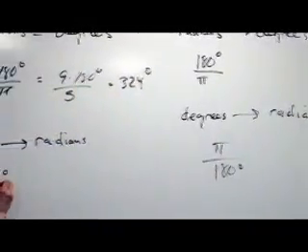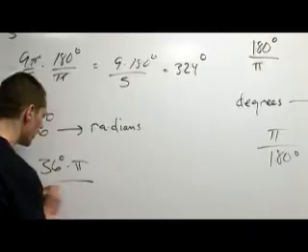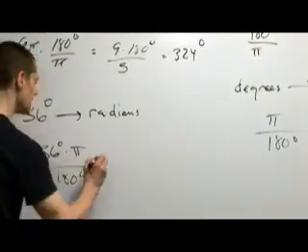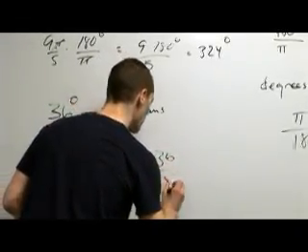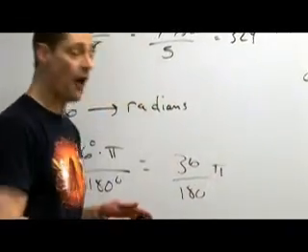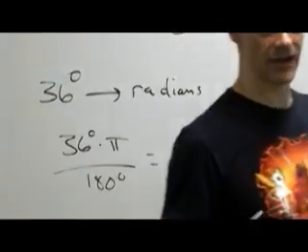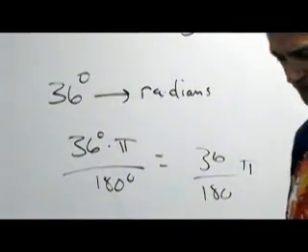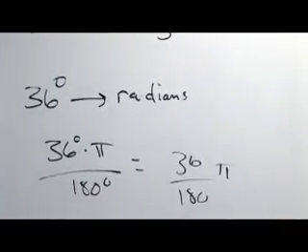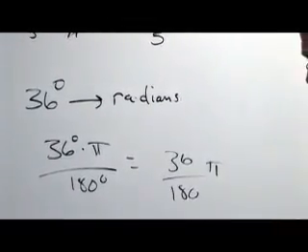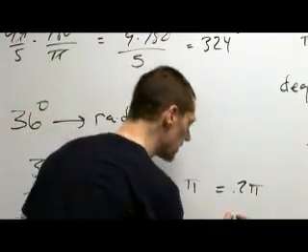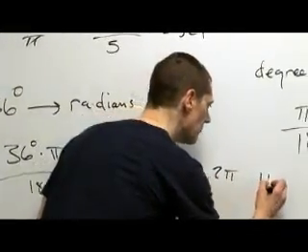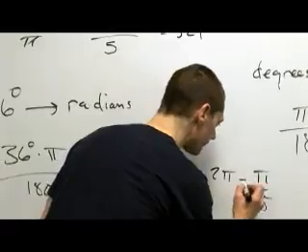So 36 degrees times pi over 180 degrees is 36 over 180 times pi. Often we leave pi in there, even though pi is 3.14 and some change. 36 divided by 180 is 0.2. So this is equal to 0.2 pi. It would be more typical to write this as 0.2 is 2/10, so this is pi over 5.